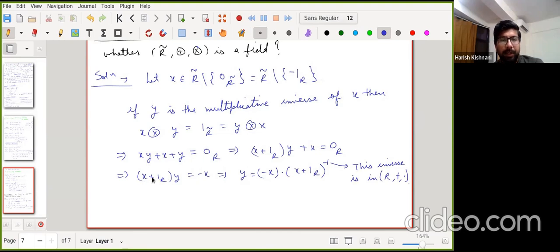So I am multiplying both sides with (X plus IR) inverse, then I will get Y to be minus X times (X plus IR) inverse. So we just need that X plus IR has to be invertible.